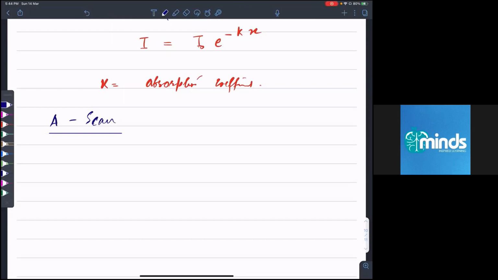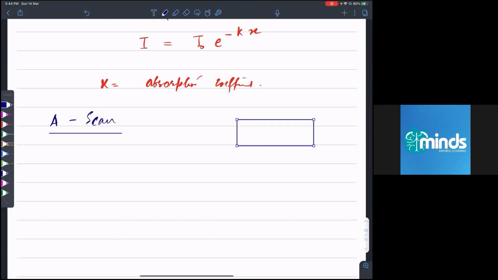So can I say it will give you information about the thickness? Yes, sir. So one is A scan. A scan will actually give you the thickness, and it is relative actually.